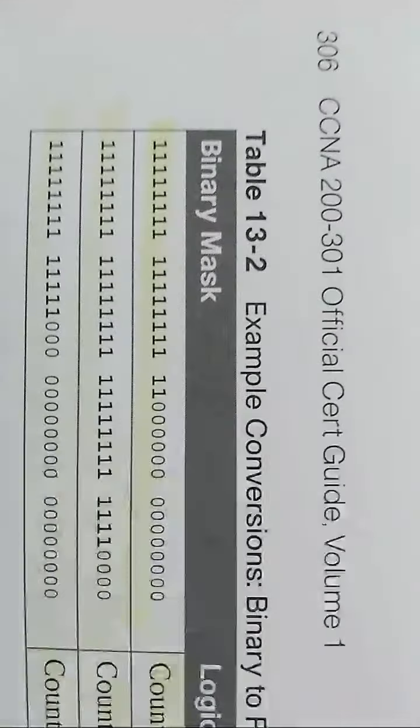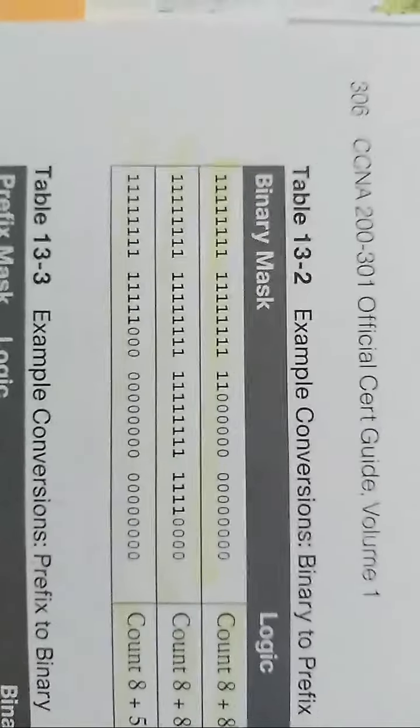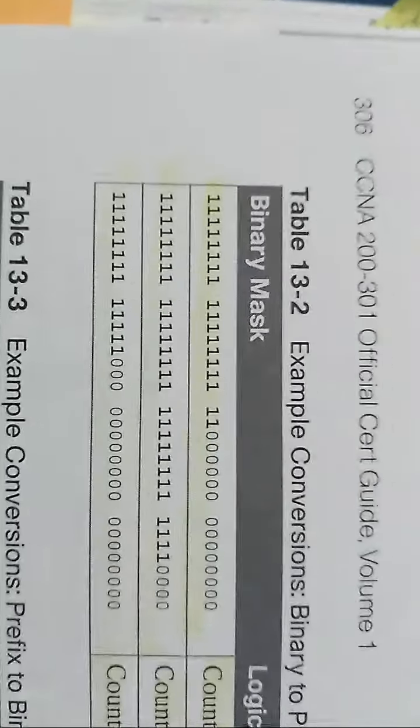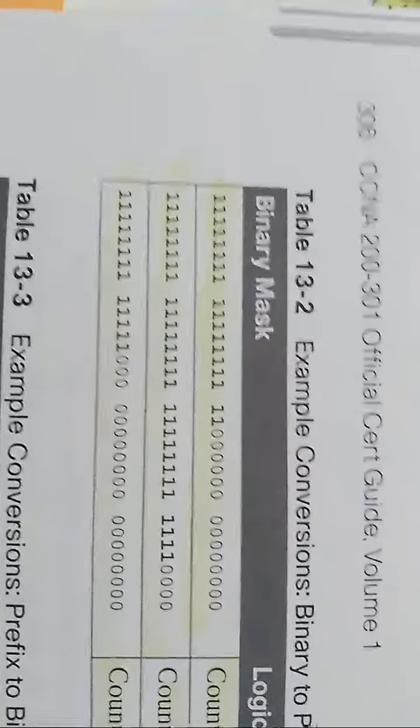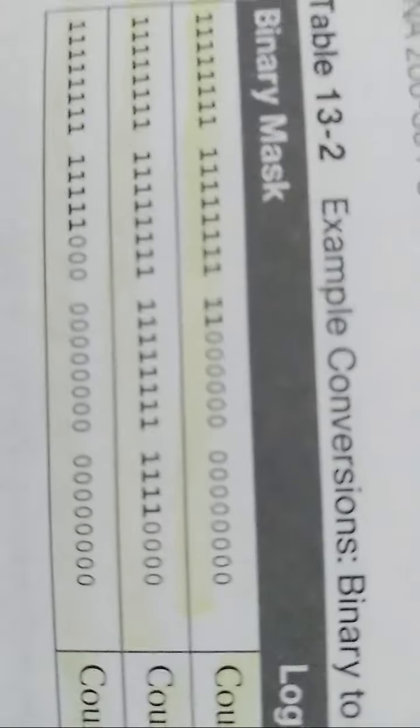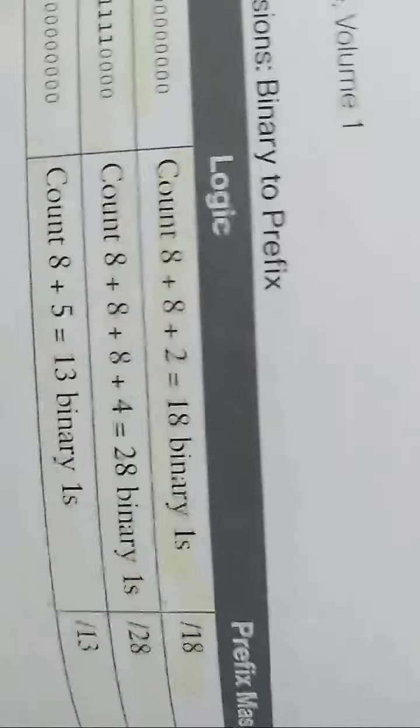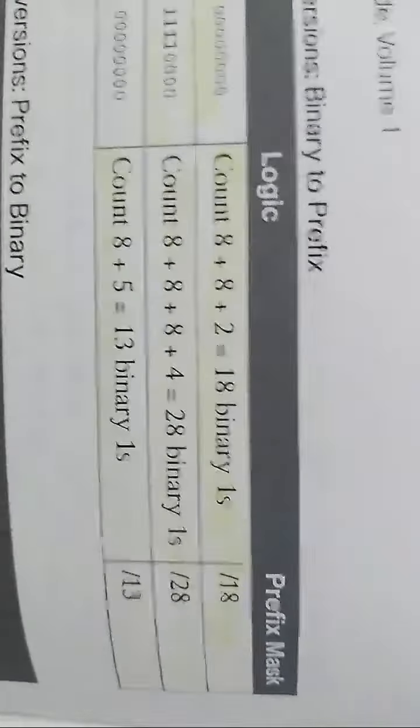Tables 13-2 and 13-3 show some examples. Table 13-2, example conversions, binary to prefix. So you can see that each one has 32 bits. And if you look closely, the binary mask is the first column, the logic is the second column, and the prefix mask is the last column.